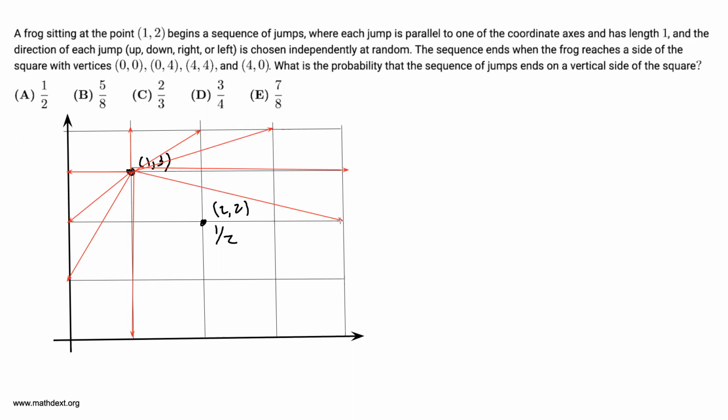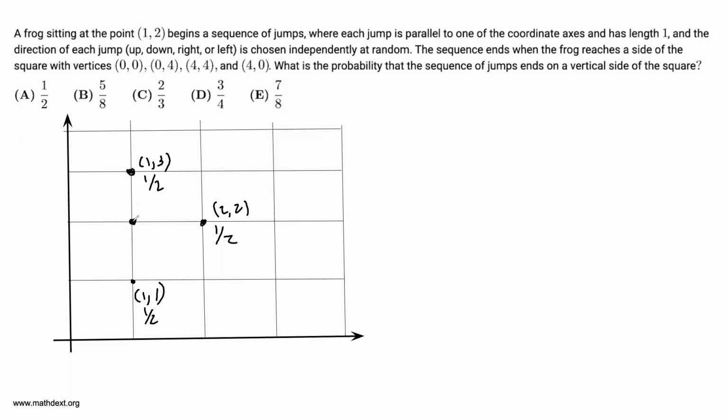So the probability that he ends on a point on a vertical side is equal to the probability that he goes to a point on a corresponding horizontal side. So if the frog starts at (1, 3), your answer is 1/2. And similarly, if the frog started at the point (1, 1), your answer would also be 1/2.